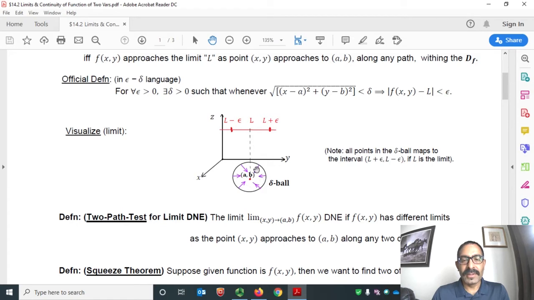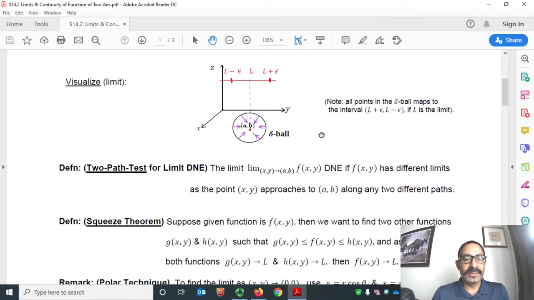So we pick a point (a,b) in the domain of our function, and we are approaching (a,b) from any direction, meaning we are squeezing this delta ball, going closer and closer to (a,b). Then our function values are inside the interval L minus epsilon to L plus epsilon, and we are going closer and closer to L. Great.